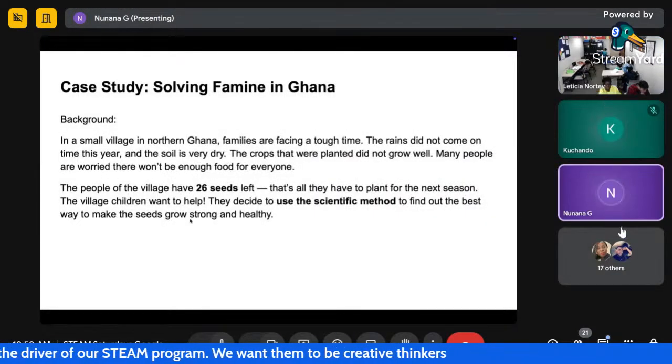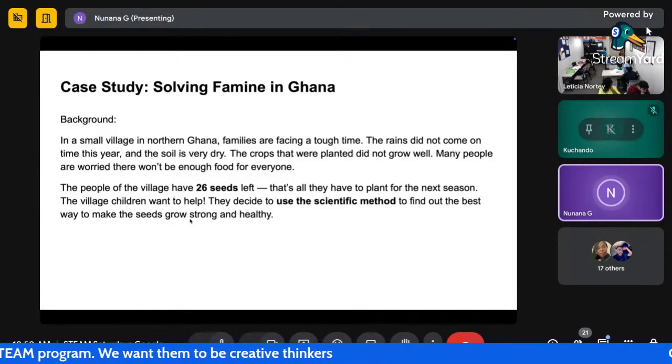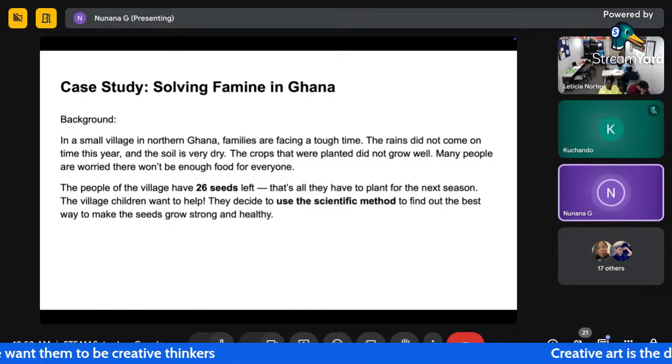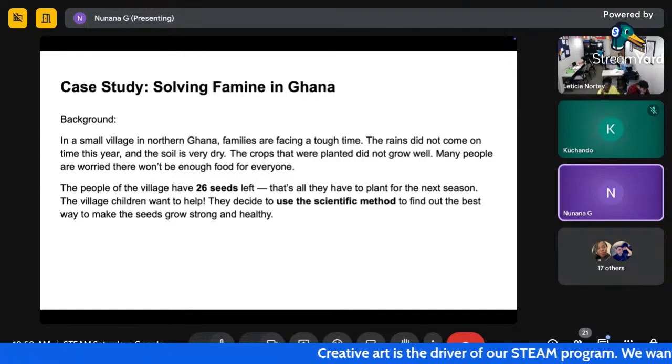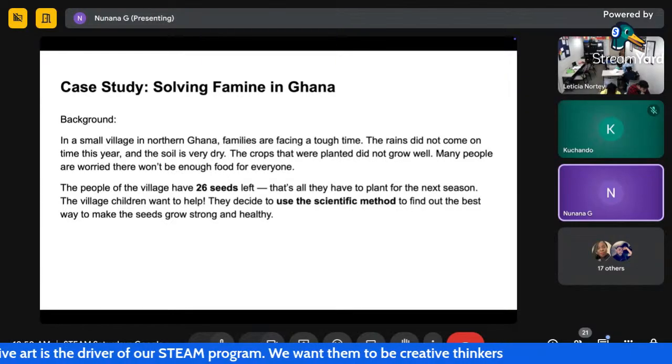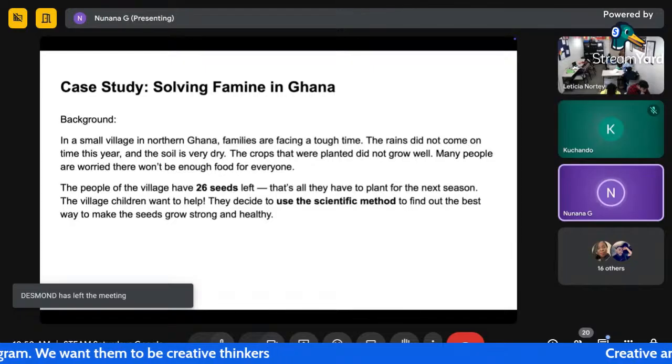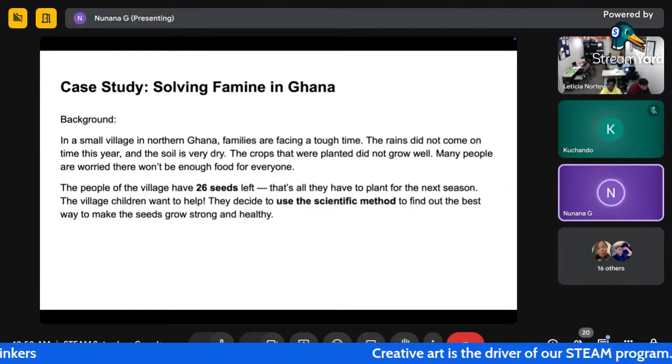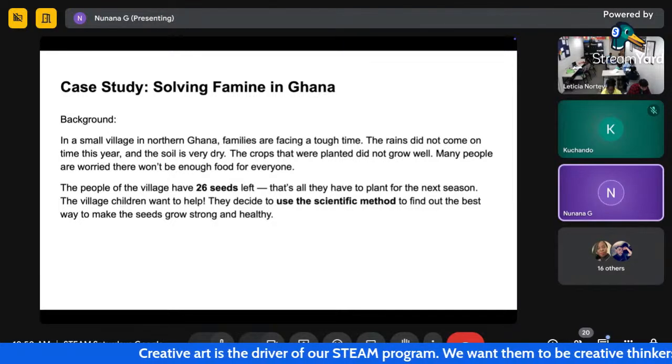Okay, so we're gonna get to the experiment part, but I wanted you guys to understand the scientific method. So I'm gonna go over it again. We have a problem. We need to solve it. The problem is there's famine in Ghana. Families don't have food to eat. It has not rained, and the soil is very dry.